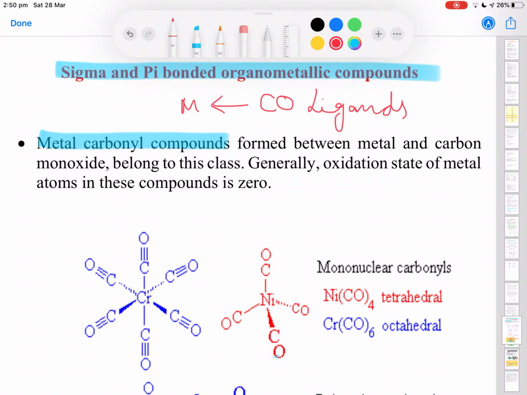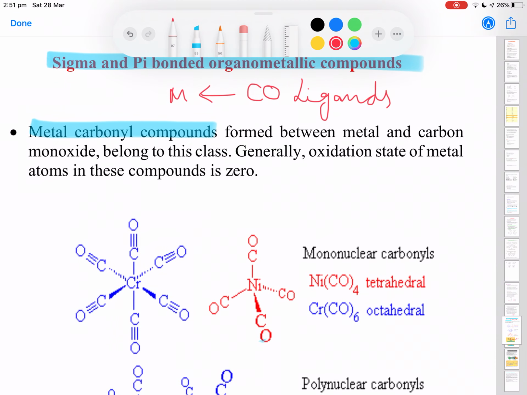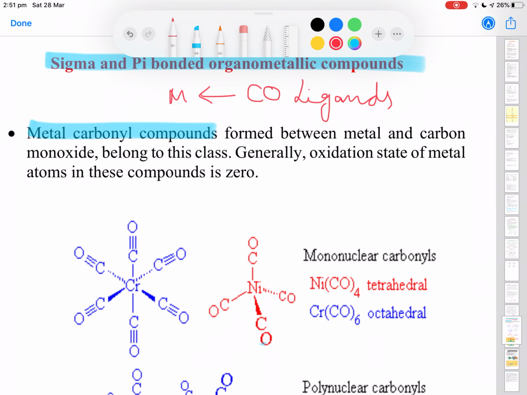There are various other organometallic compounds which do exist in nature, but here we are just discussing metal carbonyl compounds, right?